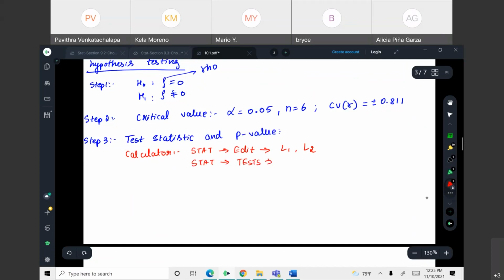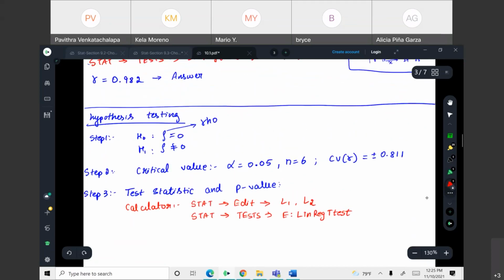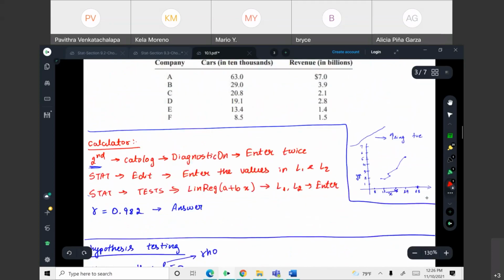Here you will have option E. So there you have LinRegTTest. If you do this, I guess you don't have to enter anything. Okay, you will have L1, L2. The claim will depend on your decision.